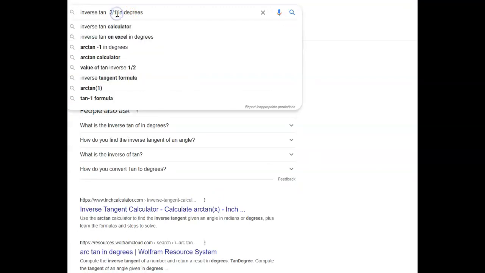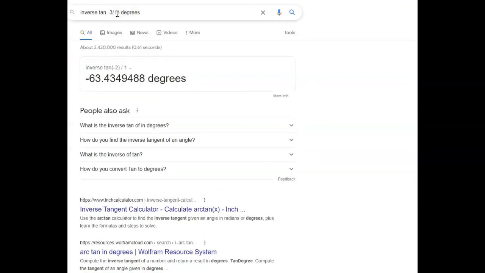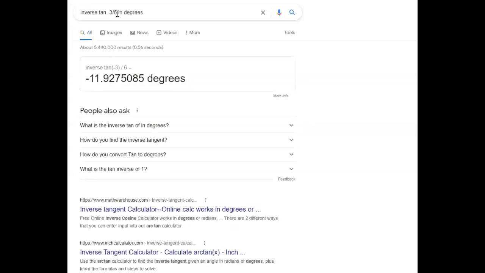So negative 3, and it doesn't matter if you put the negative on top or bottom. So notice how we have this negative 11, which we know is not correct. So that's going to be that reference angle.